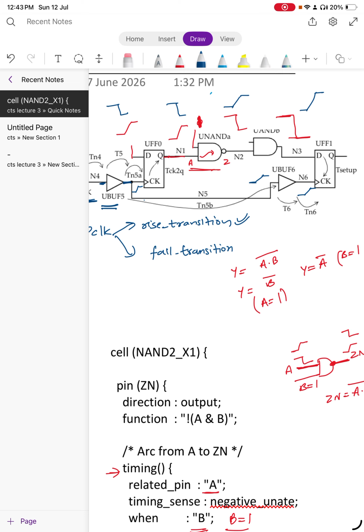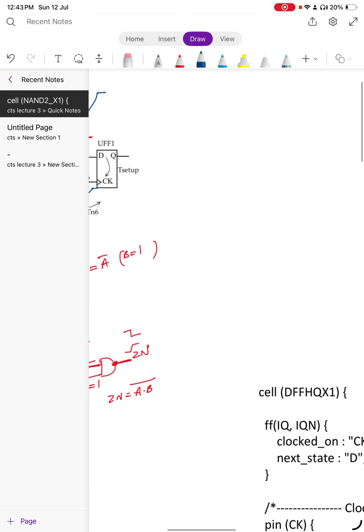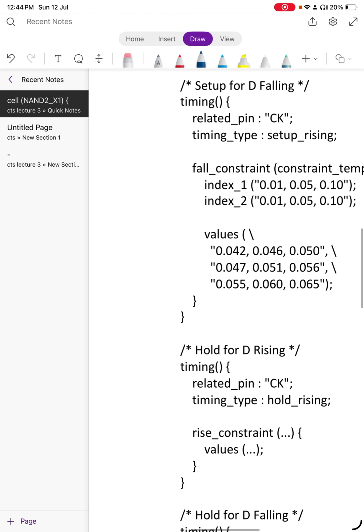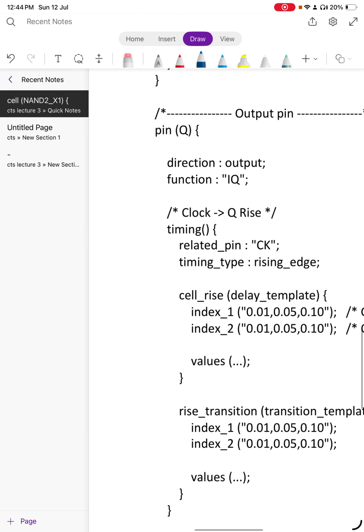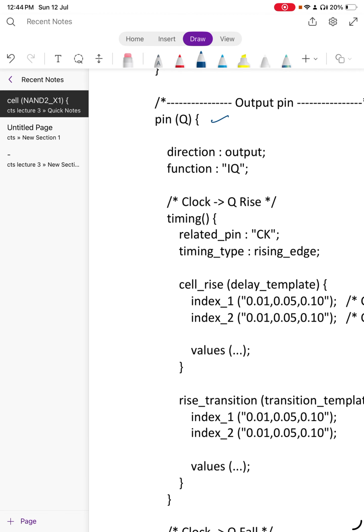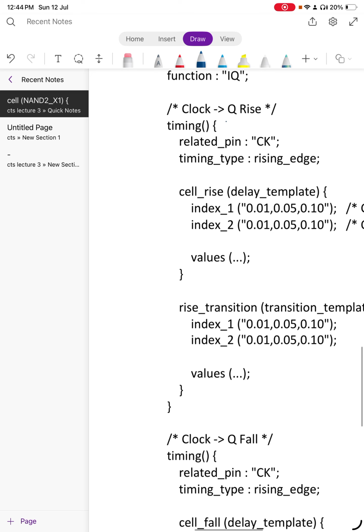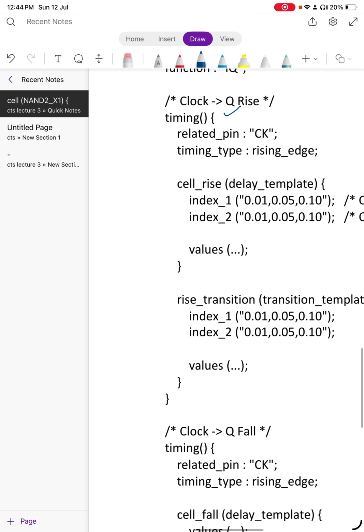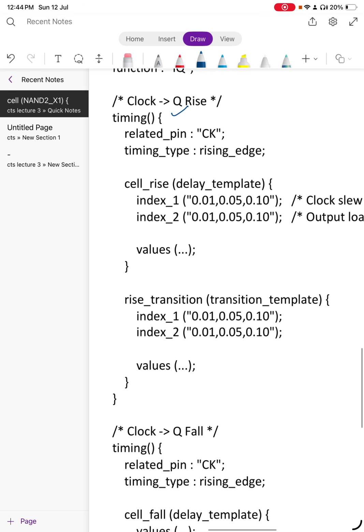How will the transition of this flip-flop be decided at the Q pin? I have the example of a flip-flop. We will see the Q pin over here, which is the output pin. We'll see the timing section, and this is the rise transition.